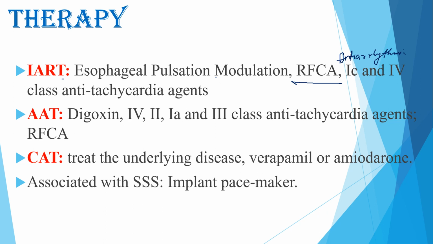For automatic atrial tachycardia, the treatment options are digoxin, class 4, 2, 1A and 3 antiarrhythmic agents, and radiofrequency catheter ablation.